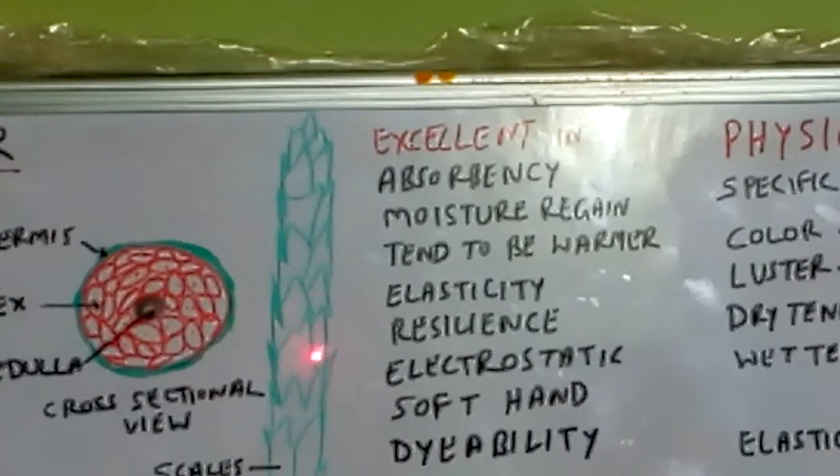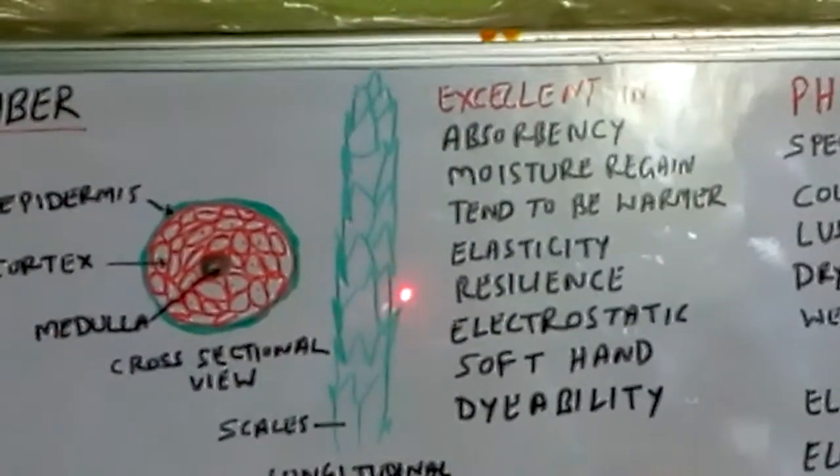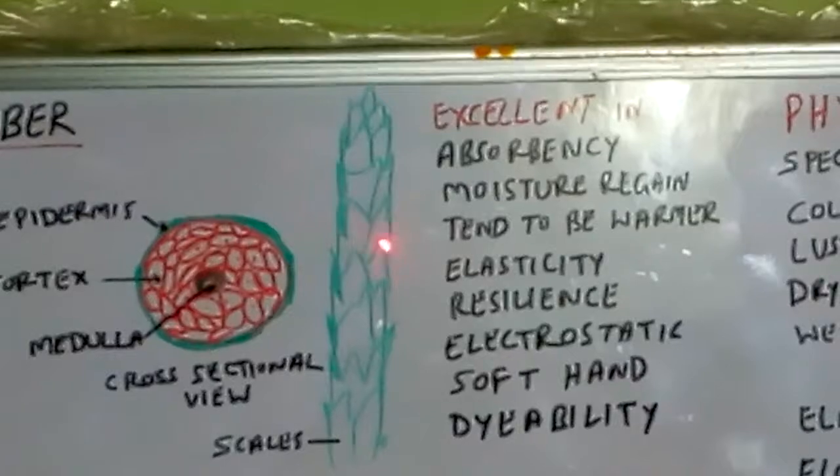This air makes it absorbent, this air makes it warm, this air increases the moisture regain, and this air or freeness makes resiliency and softness. The space available inside due to scales and crimp makes the fiber dyeable, with the best dyeable properties. And this allows heat to be retained inside the fiber.